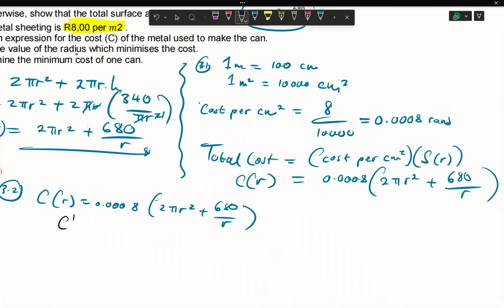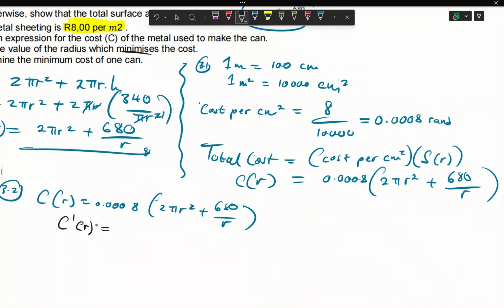Remember, they say the value of radius which minimizes the cost. Remember, guys, when it comes to optimization, when you hear words like minimizing, maximizing, least, increasing, decreasing, you just take the first derivative. Now, you take the first derivative here.